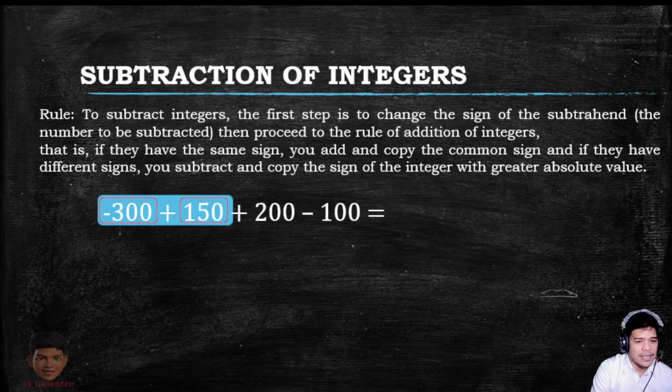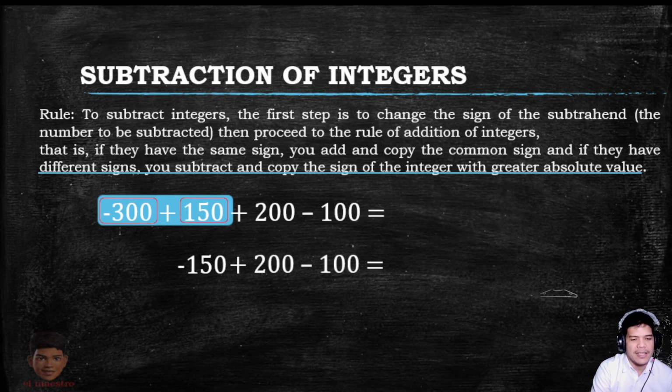Yung isa negative, yung isa positive 150. Since different yung sign, you subtract. Okay? So, 300 minus 150 is 150. Then copy negative since 300 is greater than 150 as an absolute value. Then copy the remaining. After which, yung dalawa na naman.